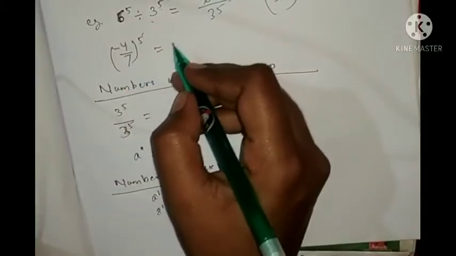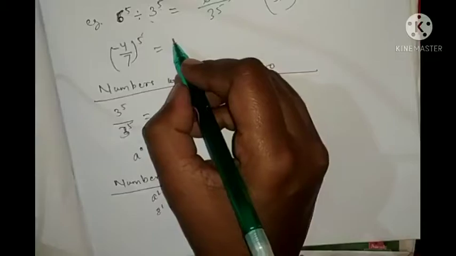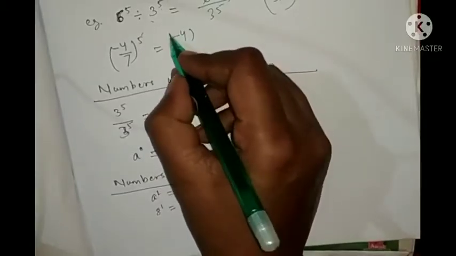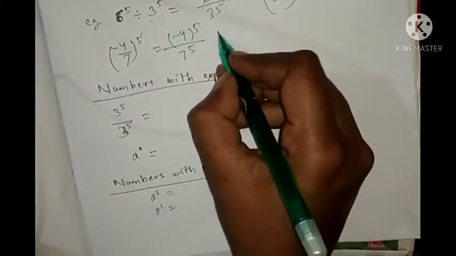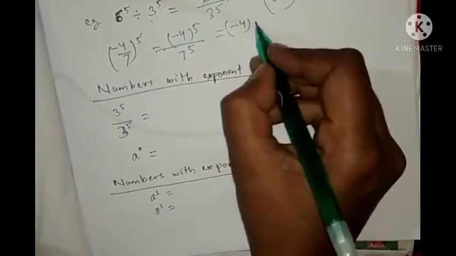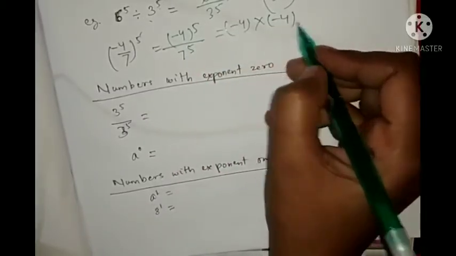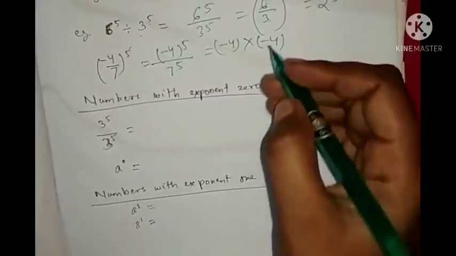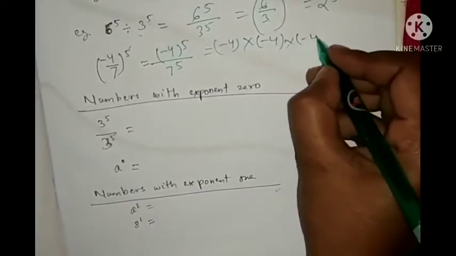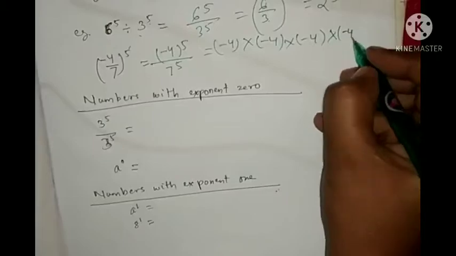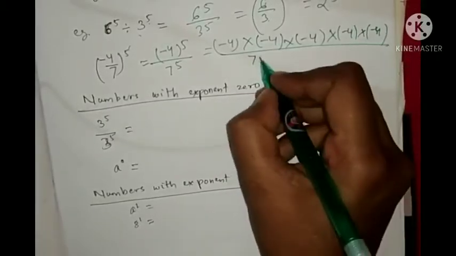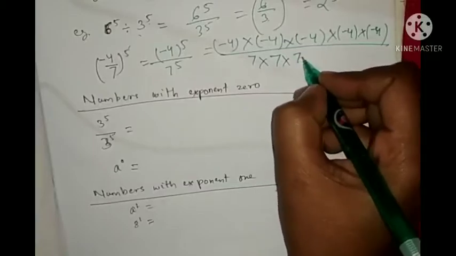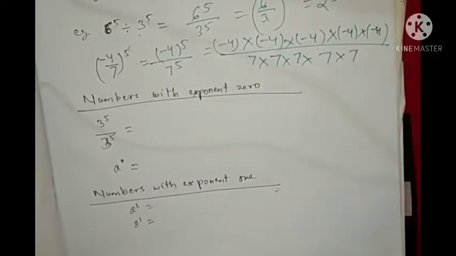So what you can write it as? You can write it as minus 4 whole to the power 5 by 7 whole to the power 5. You can express it as minus 4 into minus 4 into minus 4 into minus 4 into minus 4, that one by 7 into 7 into 7 into 7 into 7.